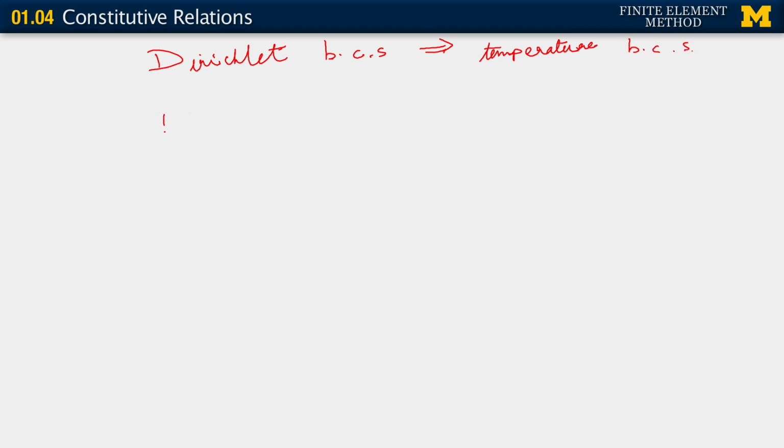And finally, the Neumann boundary condition would imply a heat flux boundary condition.